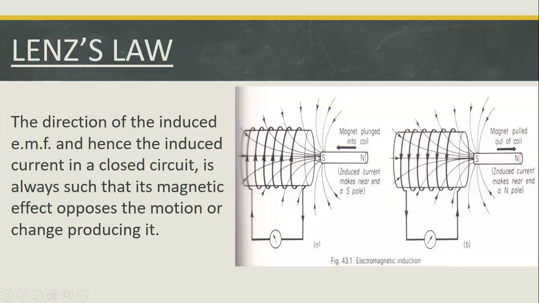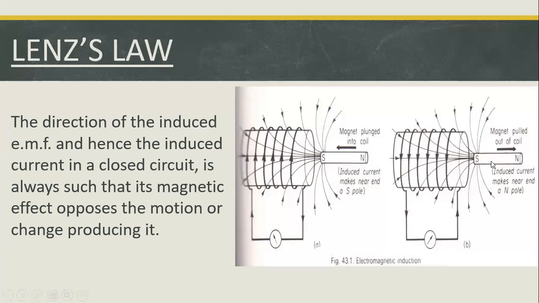When the magnet is plugged into the coil, the induced current makes a south pole near it, and the direction of current is clockwise when the south pole is near the solenoid.